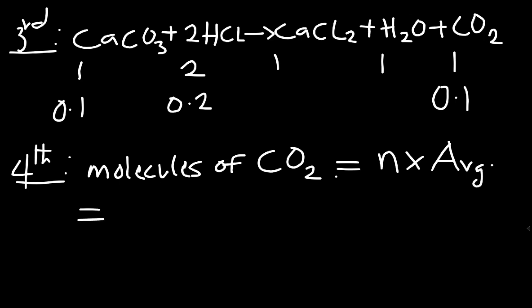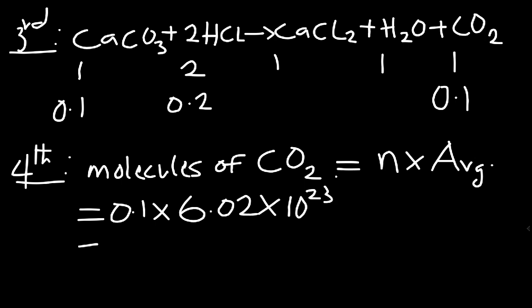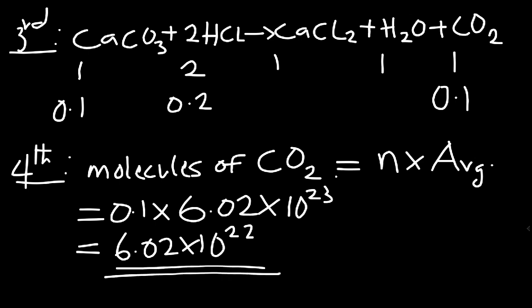Our mole was given to be 0.1, right? Times Avogadro's constant, which is 6.02 times 10 raised to the power of 23. If you multiply this, you get 6.02 times 10 to the power of 22. And this will be your final answer.